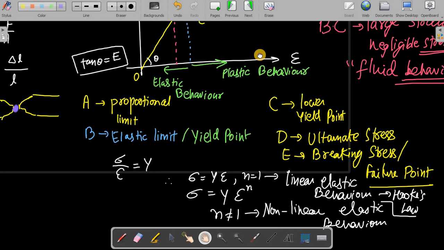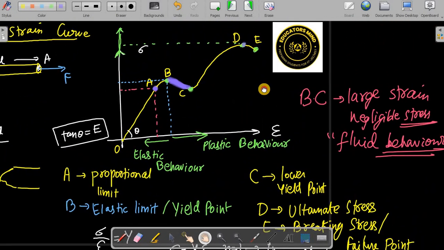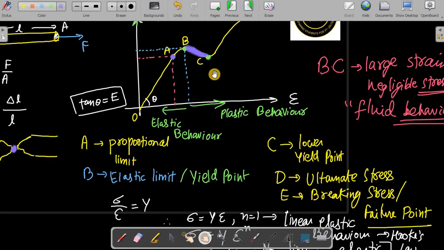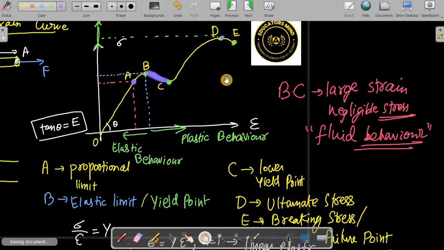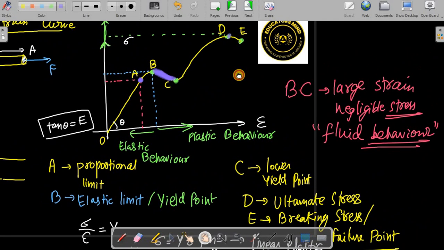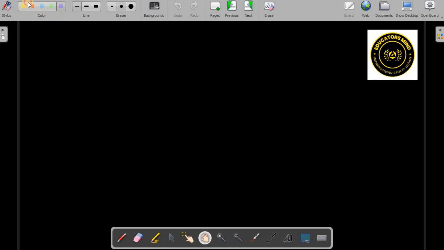Okay, this is a very important graph because from this graph we can note important things. One is the fluid behavior, linear elastic behavior, non-linear elastic behavior, and also we can note about two types of materials which are going to fail.